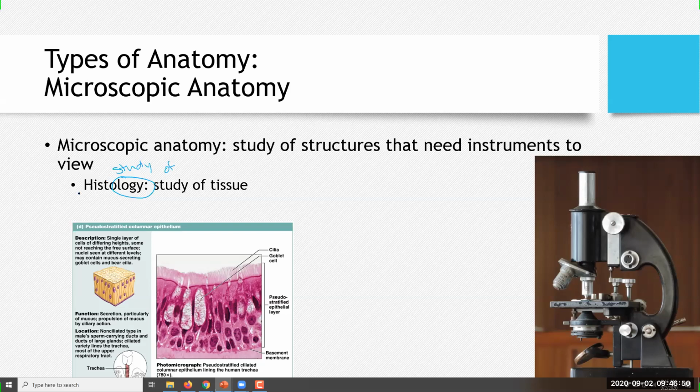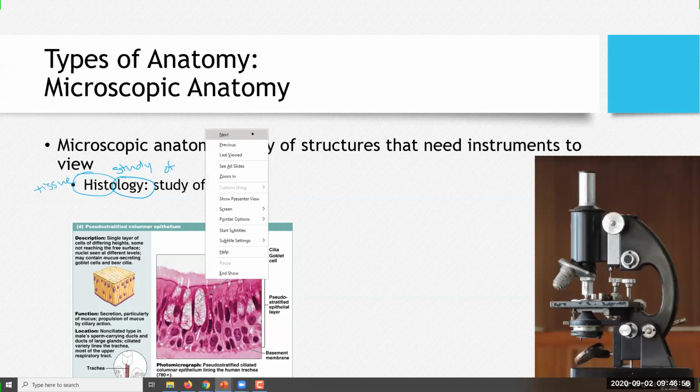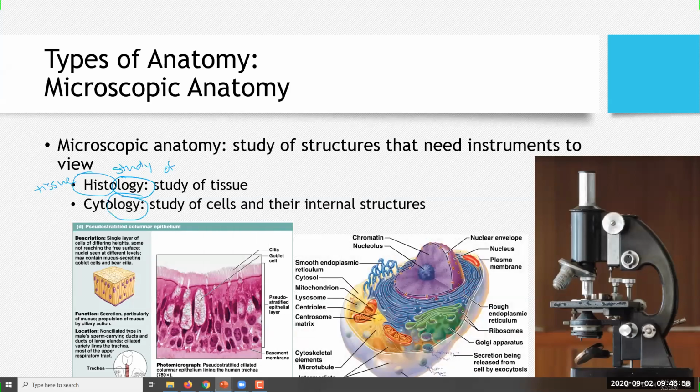And this is tissue, right? So for the study of cells, we still have the ology part of it, right? Study of the site is cell. Okay, so for cytology, we're looking at the cell and its internal structures as well. Good. Okay, so these are different types of microscopic anatomy.